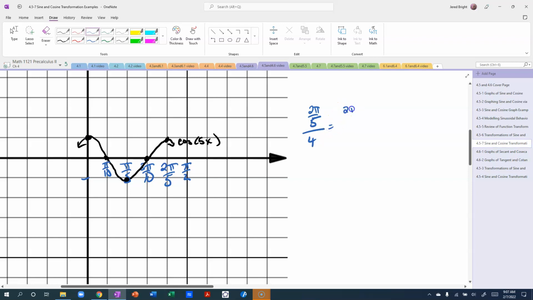So you get 2 pi over 20, which is pi over 10. Okay, so now I need to do all these in red. So shift all these by pi over 10, which is 1 unit on my horizontal scale.